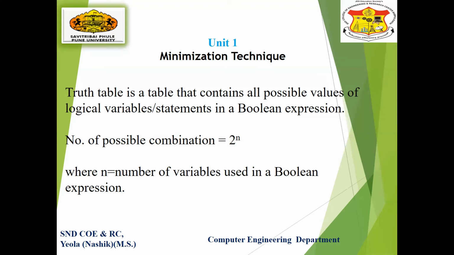All these possible combinations are calculated by 2 raised to the power of n, where n is nothing but the number of variables used in your Boolean expression. And it is a very important thing when you go for the design of any logic circuit.